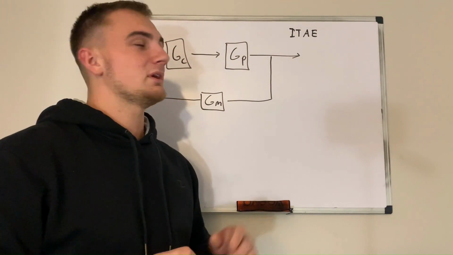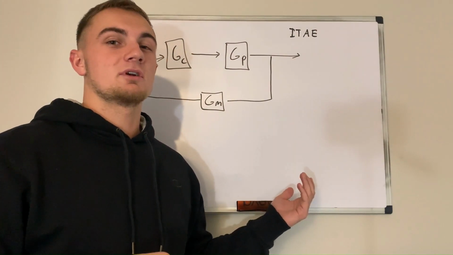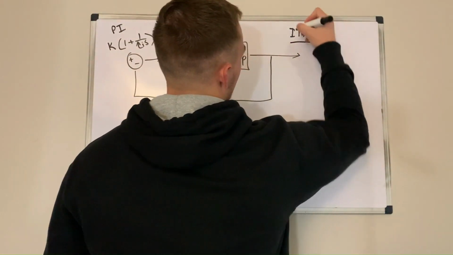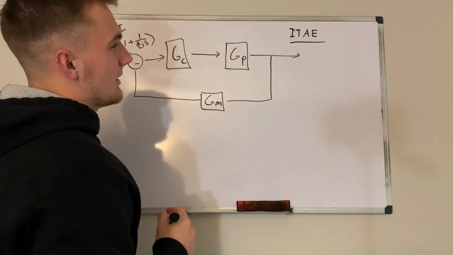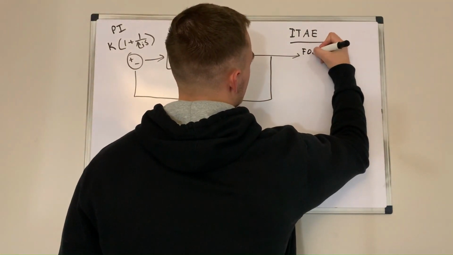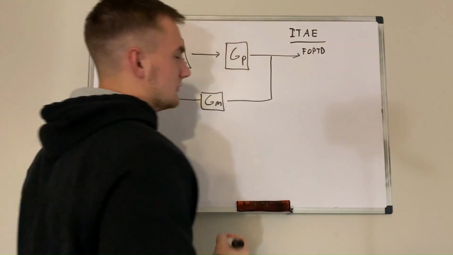And essentially we can get this for a process that is a first order plus time delay. So that's an integral of time-weighted absolute error, and it's for an FOPTD, first order plus time delay model.